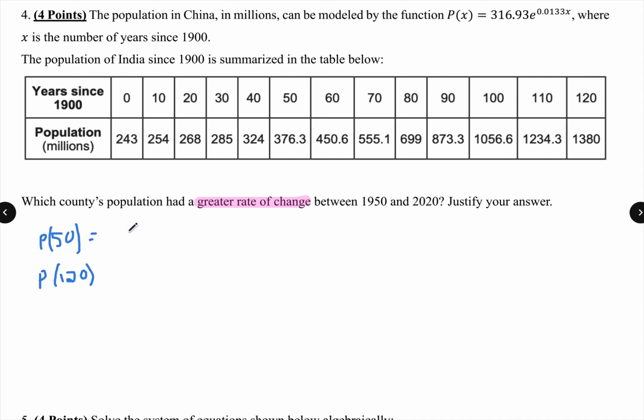I plug that in. So I'm going to say 316.93 times e to the power of 0.0133 times 50. I'm doing the same thing over here, in this case 120.